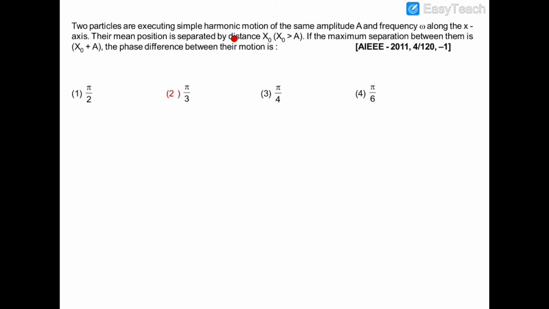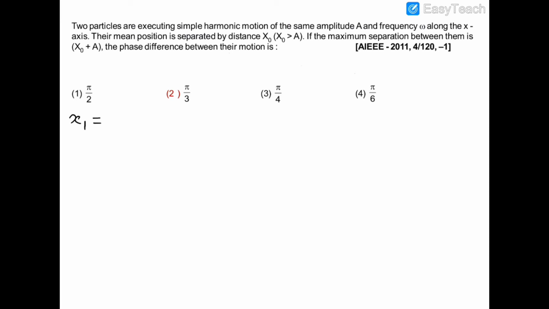Now their mean positions are separated by a distance of x0, where x0 is greater than A, and we have to find out the maximum separation between them. In fact, it is given that the maximum separation between them is x0 plus A, and we have to find out the phase difference between their motion. So let's suppose that the first particle has a mean position at the origin.